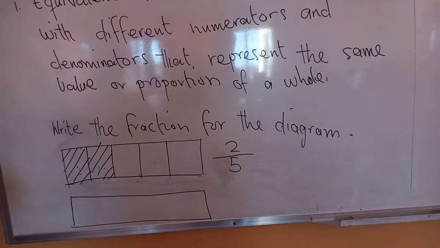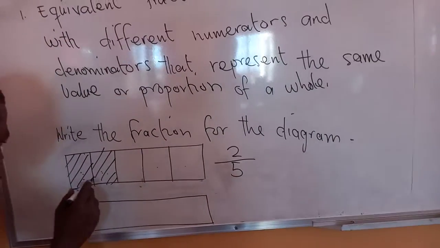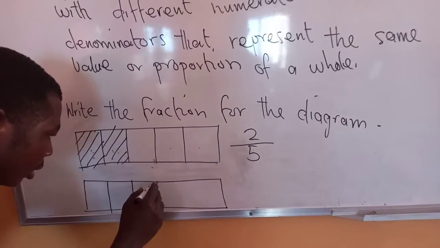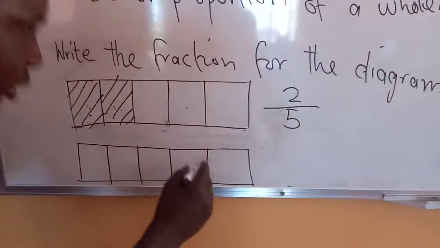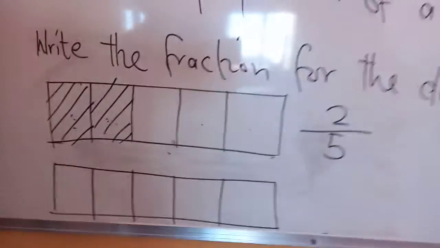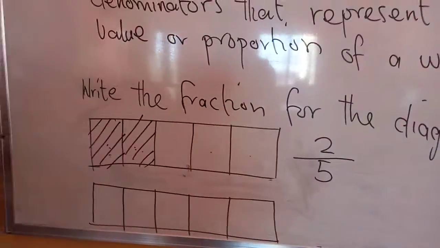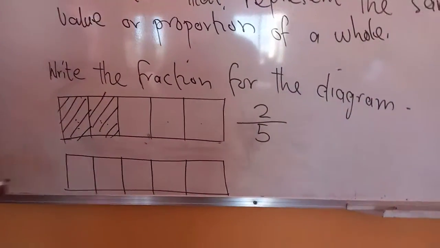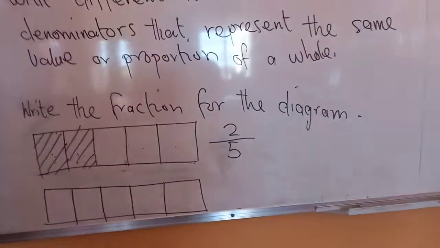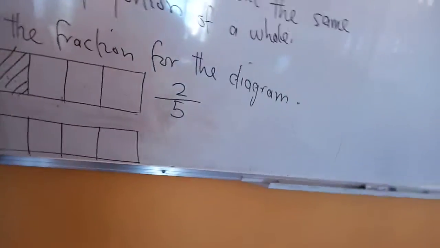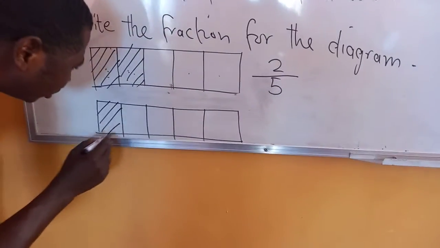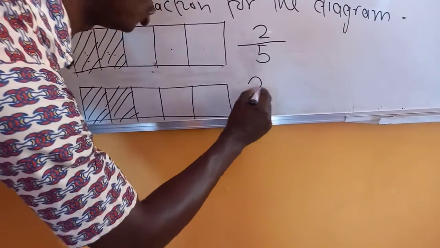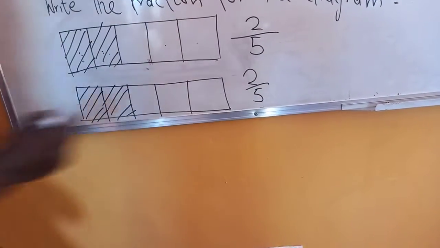And then I shade the same thing like this one, and I divide it into different parts. I'm shading the 2 portions. So this is the same as 2 out of 5.